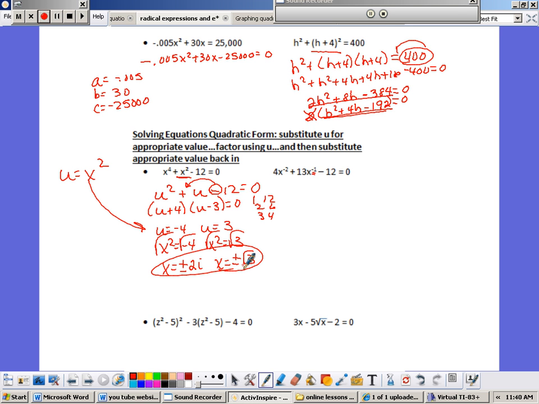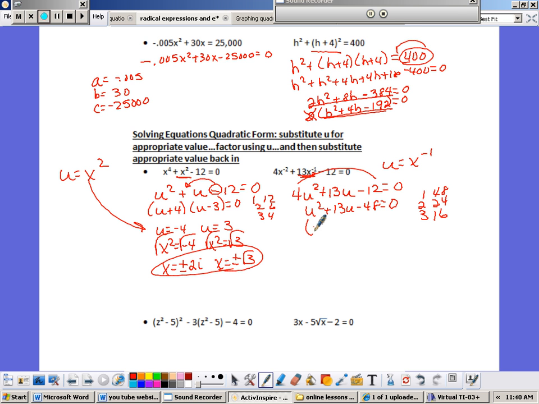Okay, same steps. Go to the middle term, make it u. So x minus 1. Not the 13 x minus 1, just the variable u. Then you go back, and the first one with its coefficient becomes u squared. The second one with its coefficient becomes u. And then the c stays the same. I'm going to slide: u squared plus 13u minus 48 equals 0. 1 and 48, 2 and 24, 3 and 16.